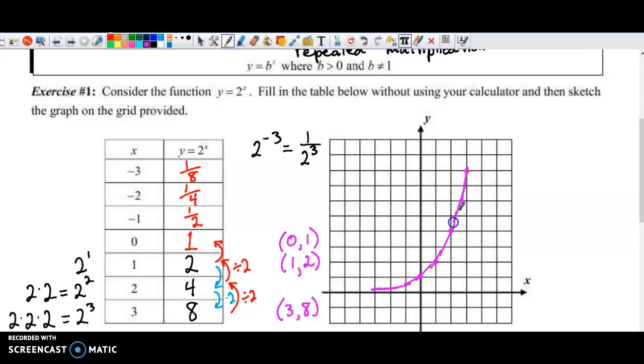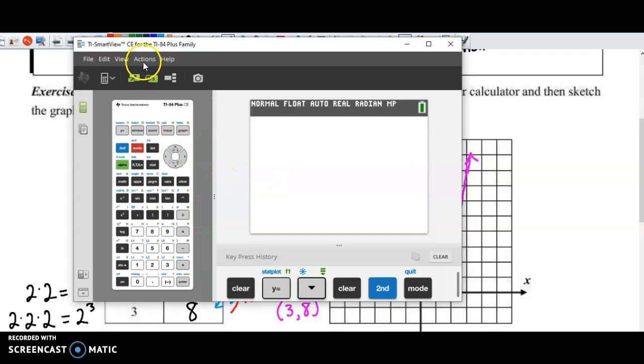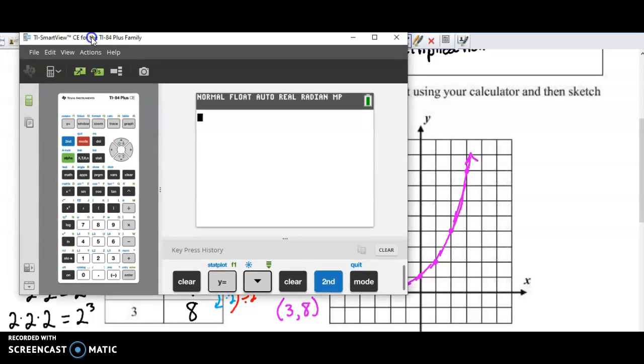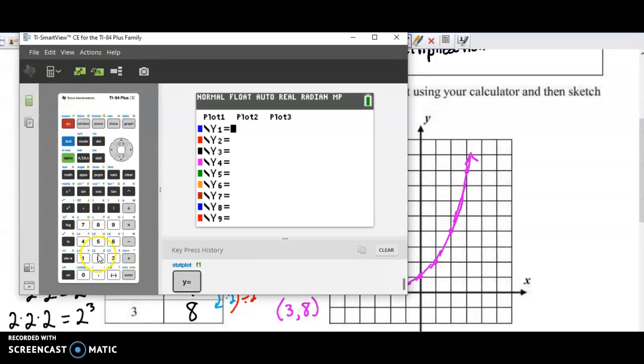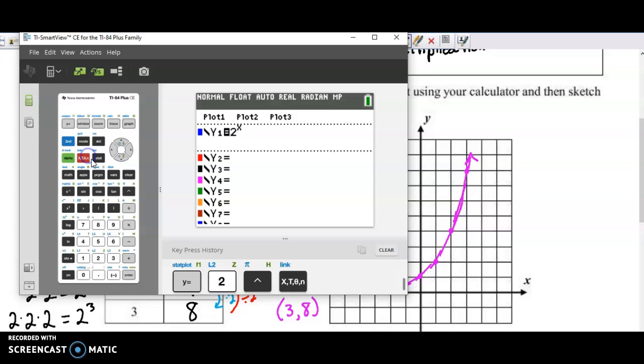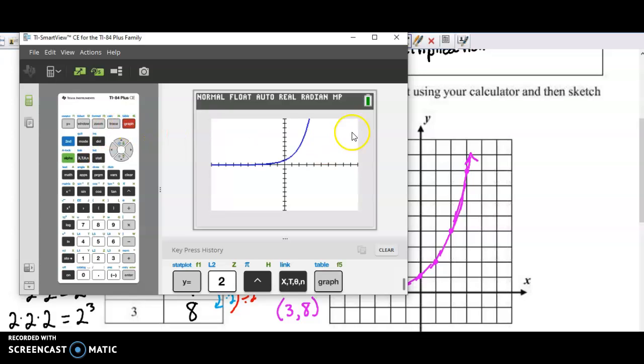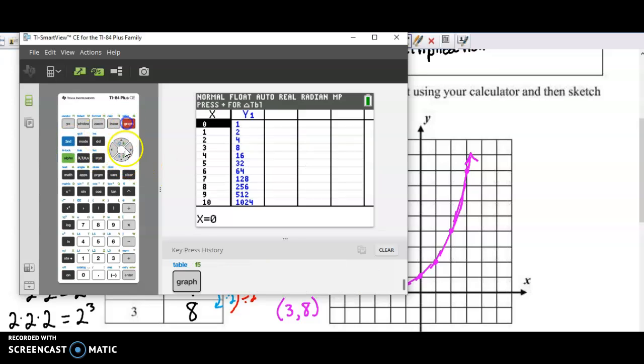So I think I have my graphing calculator already set up. And because I could just go to a calculator, sorry if you're still copying things down. Maybe I can put it right there. If I just type it in as 2 to the x power, and I look at my graph, it looks something like that. Notice it does not cross the x-axis. I could even pull up a table and show you I'm getting positive numbers.